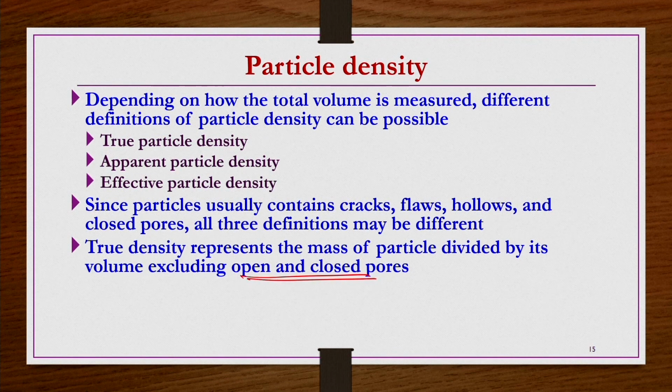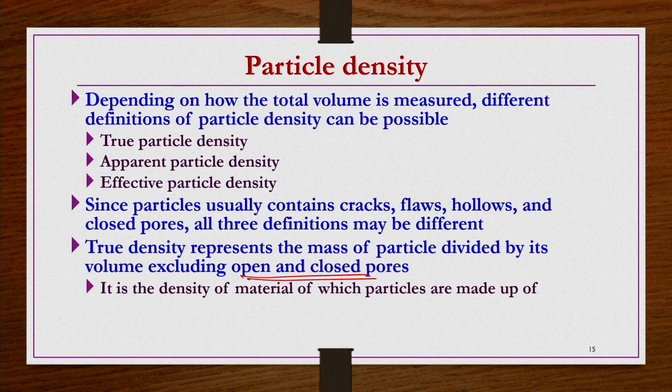That is, you take only the effective volume, we do not take the cracks, flaws, etc. So, those volumes you subtract. That is the reason the density you get is the true density, and it is nothing but the same as the bulk material density, that is the density of the material from which these particles are made up of.